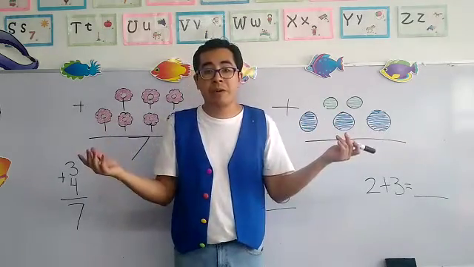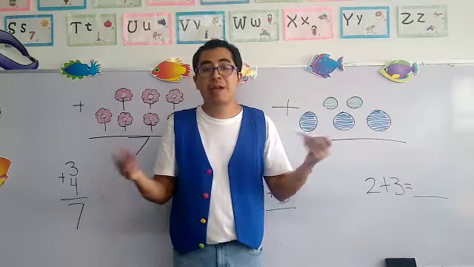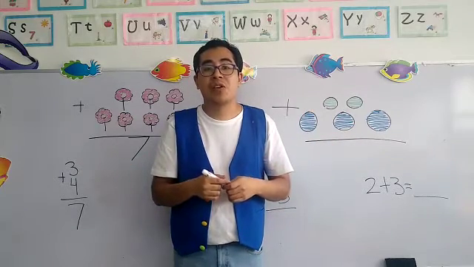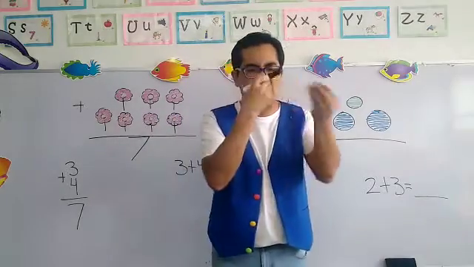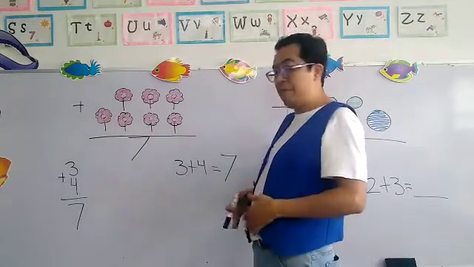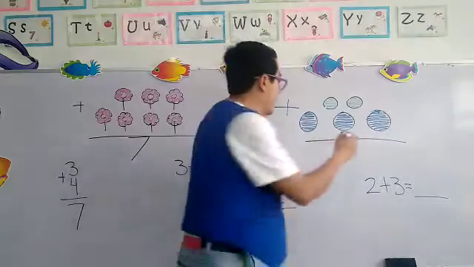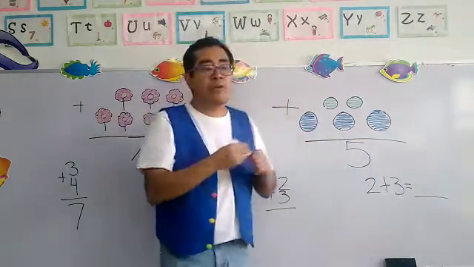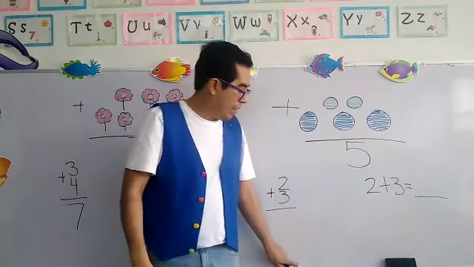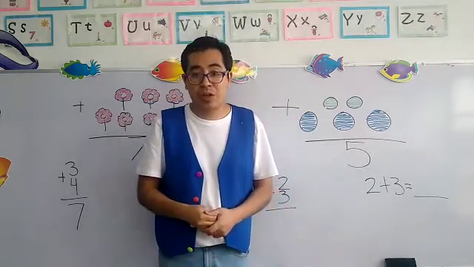How many are they? What's the result? What's the total? 5 circles. Now remember, the number 5 is a number that eats a lot, so that's why it's very, very fat. Number 5. Very good.